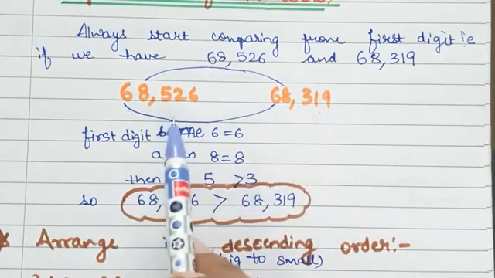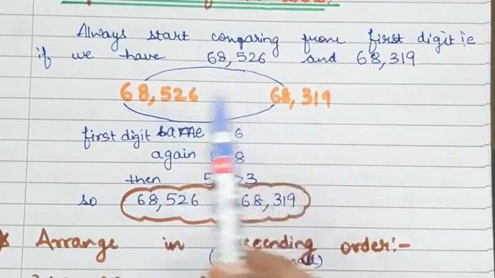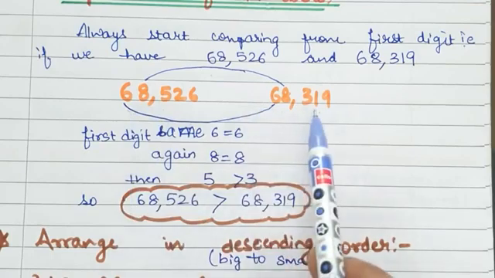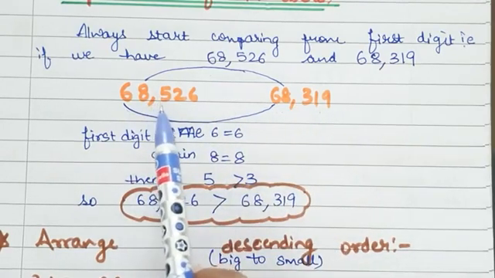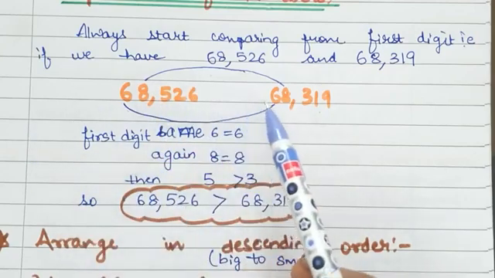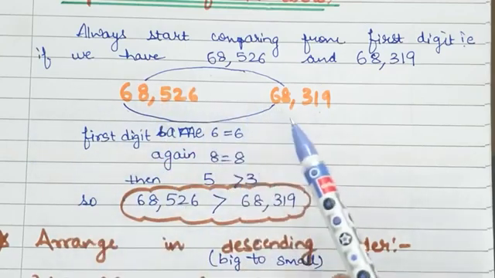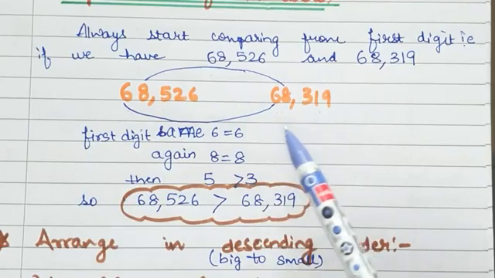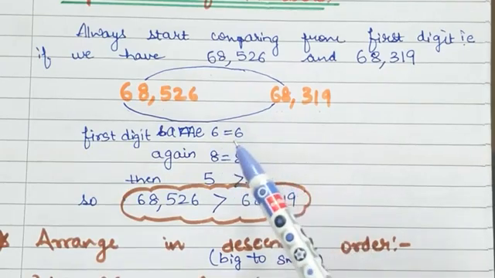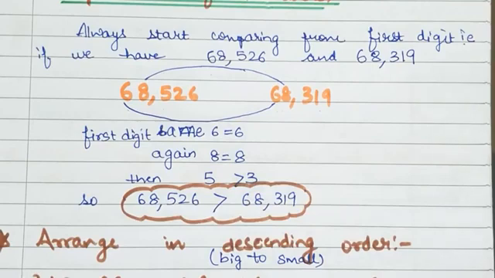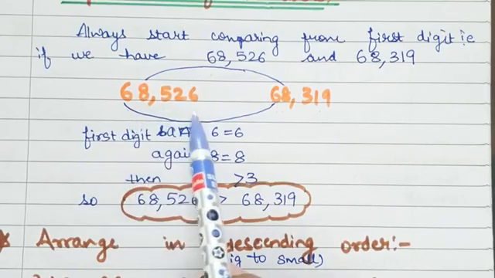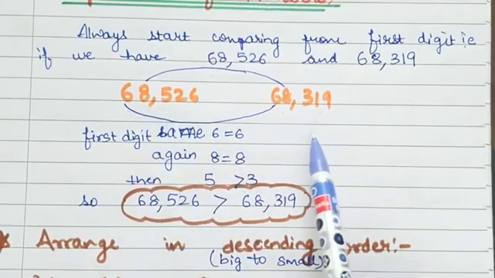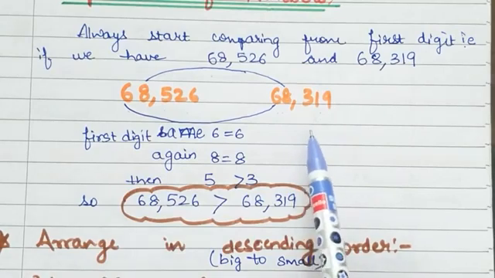But if any two numbers are given where the number of digits in one number is more than the number of digits in the other number, then it is very clear that the number having more digits will be larger.